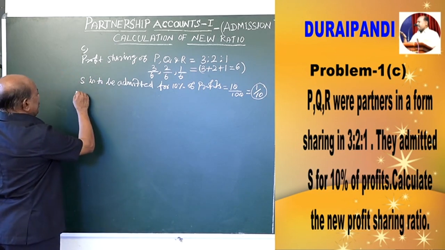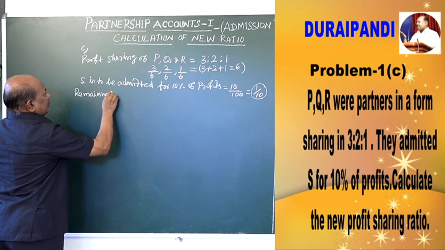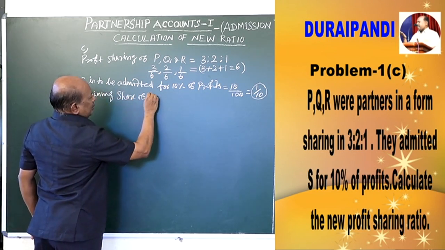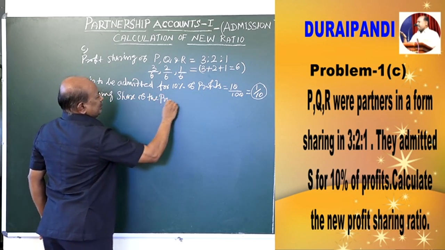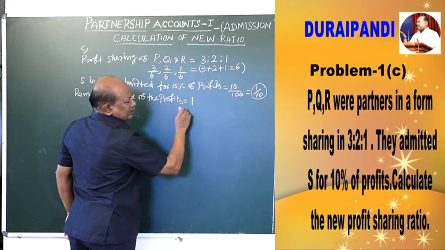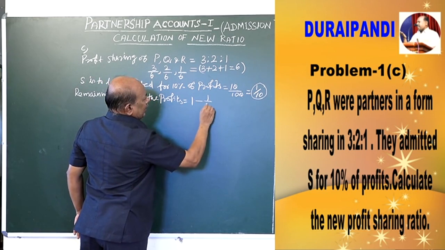The remaining share of the profits of the firm is equal to 1 minus the new partner's share 1/10.